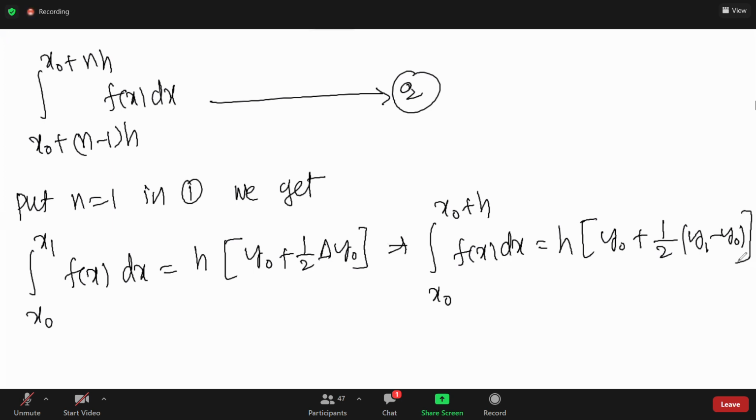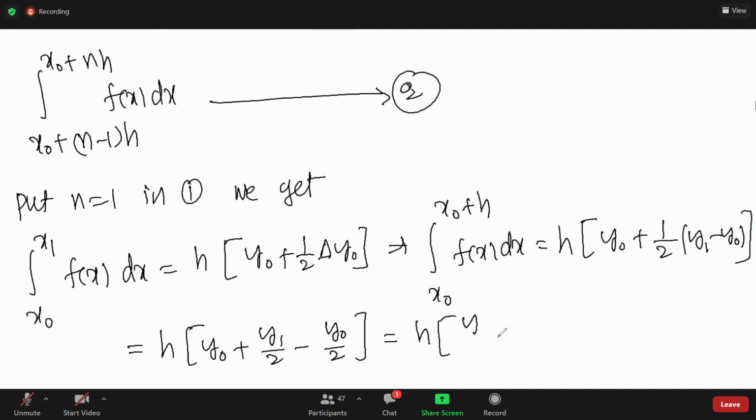by basic definition. Delta y naught is y1 minus y naught, delta y1 is y2 minus y1. This is equal to h into y naught plus y1 by 2 minus y naught by 2. So 1 minus 1 by 2, that is 1 by 2. So h into y naught by 2 plus y1 by 2.